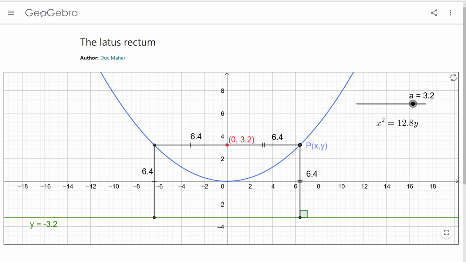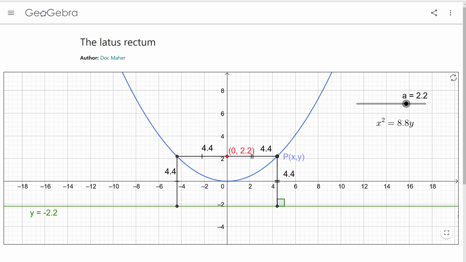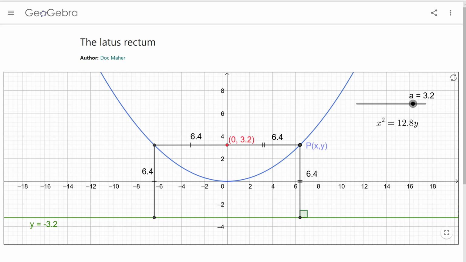And as we vary the value of a, then obviously we vary both the focus, the directrix, and the length of the latus rectum as well.